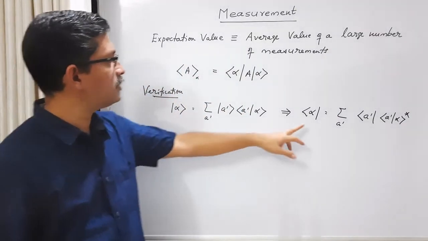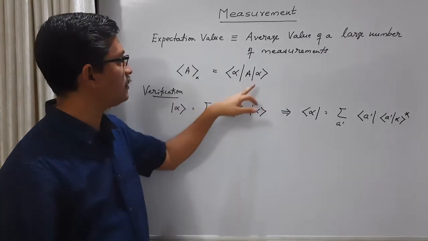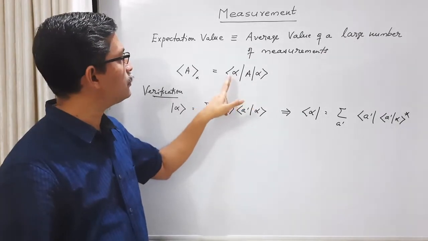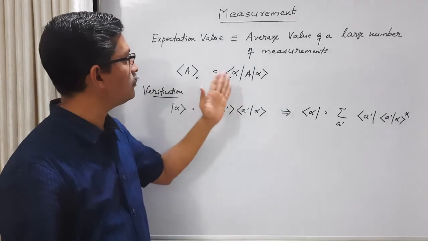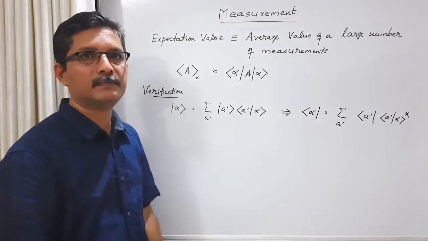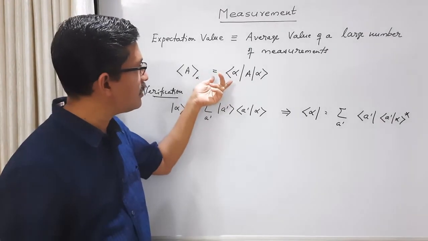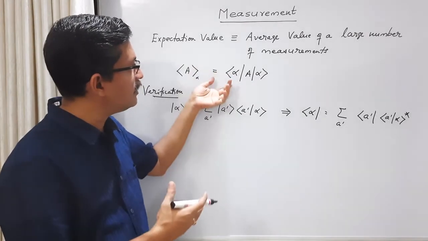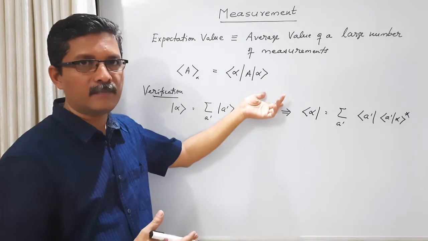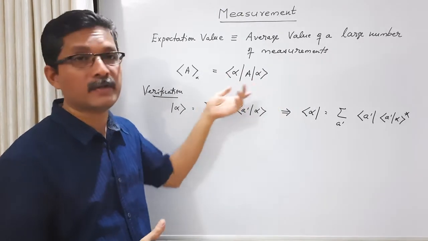So let us substitute this here and this here. But when you substitute, the basic rule is that in an inner product, when you use an index on one side and on the other side, you have to use different indices.